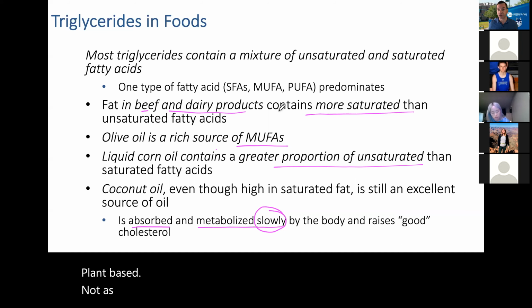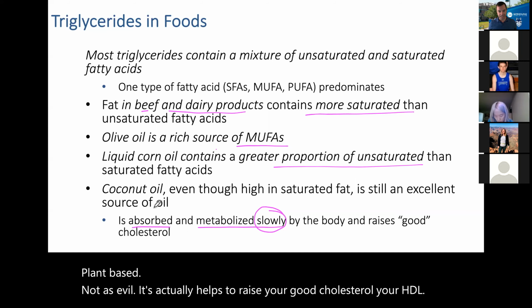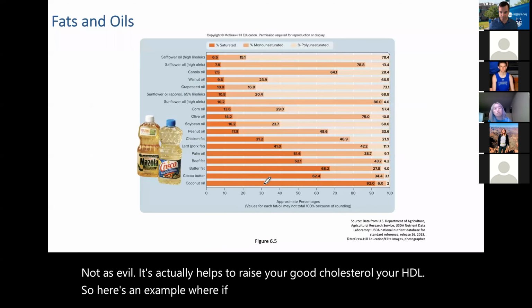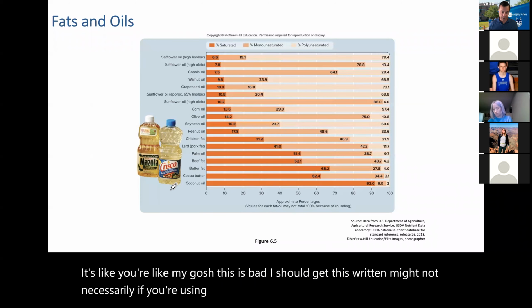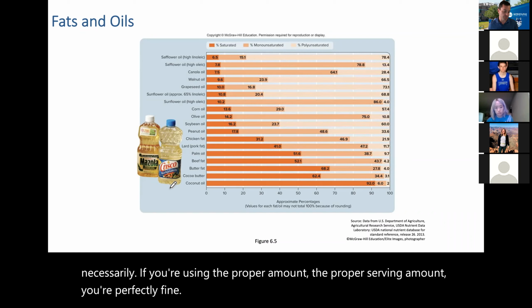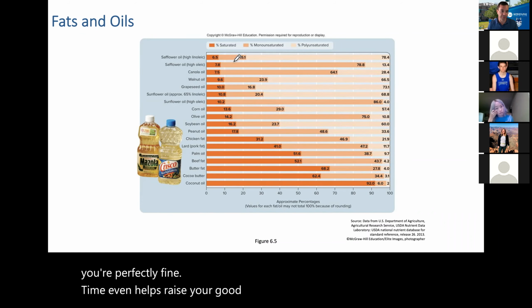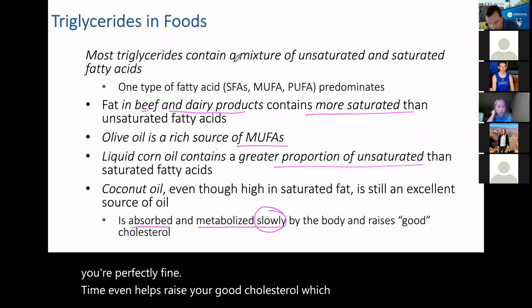It actually helps to raise your good cholesterol, your HDL. Okay. So here's an example where, if you're looking at this, you're like, oh my gosh, this is bad, I should get this out of my diet. Not necessarily. If you're using the proper serving amount, you're perfectly fine. It even helps raise your good cholesterol, which is different from beef and dairy products in that regard.